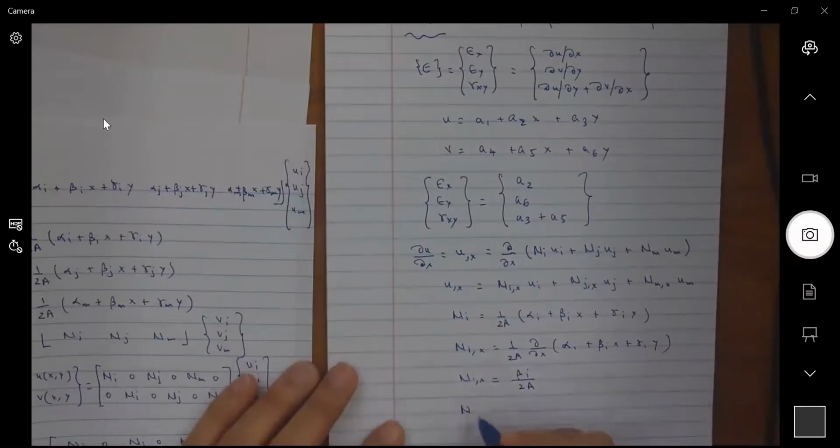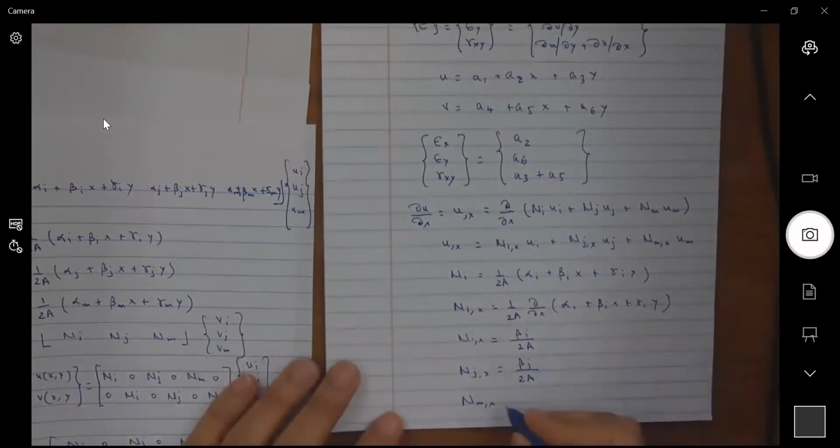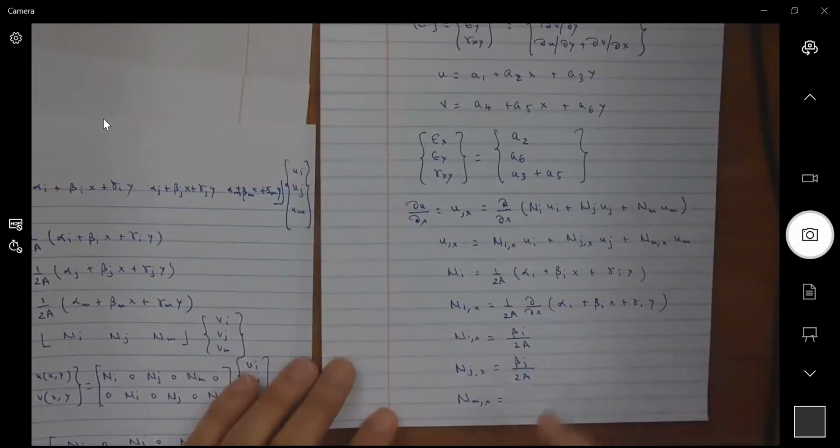Similarly, we can show that Nj,x is equal to beta j over 2a, and Nm,x is equal to beta m over 2a.